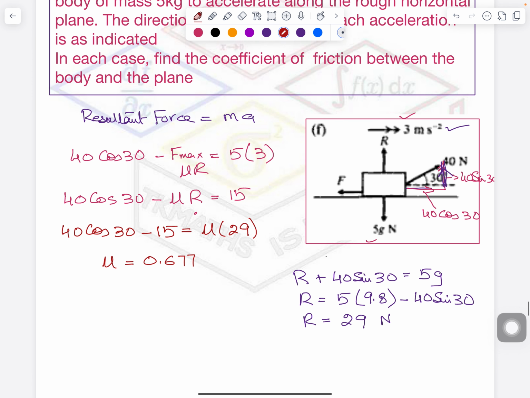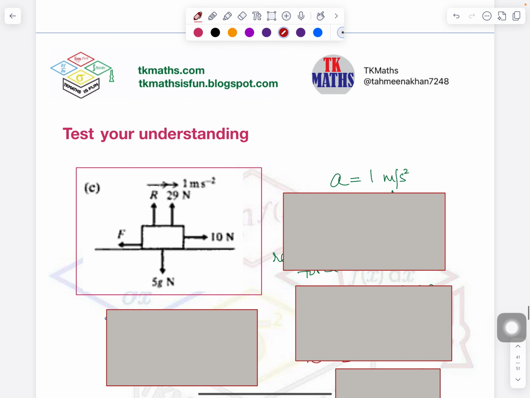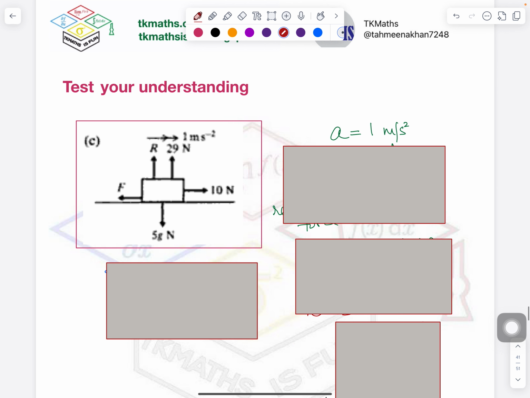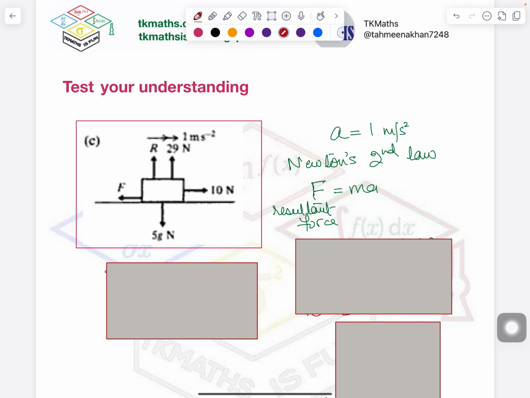So let's move on to the question which is to test your understanding. Again, I have taken here one question, but now this is a straight horizontal force applied. In the previous one, it was applied at a certain angle. So according to Newton's second law of motion, F is equal to ma.